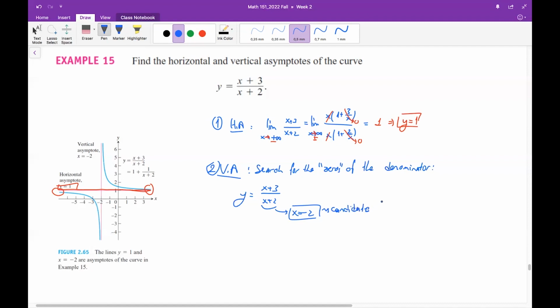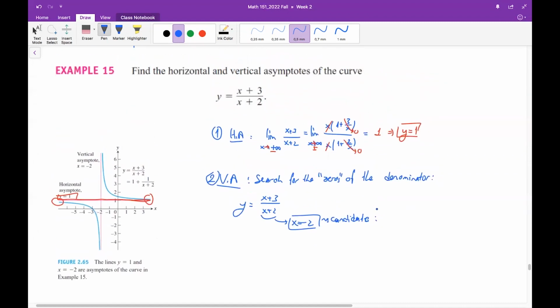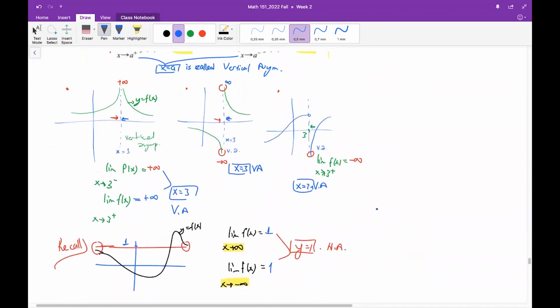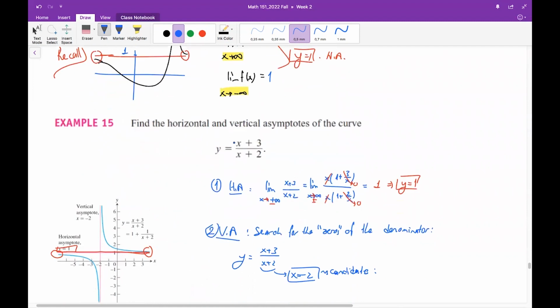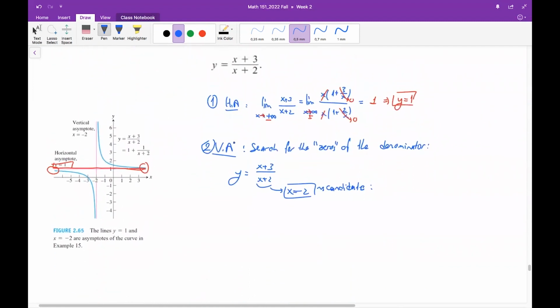We don't know yet whether it's a vertical asymptote or not. It is just a candidate. How do we prove that it's a vertical asymptote? Of course, by checking these limits. If one of these limits turns out to be plus or minus infinity, then I will conclude that x equals minus 2 is a vertical asymptote.